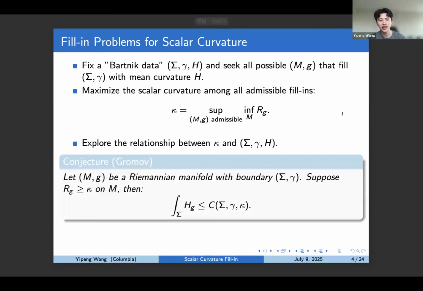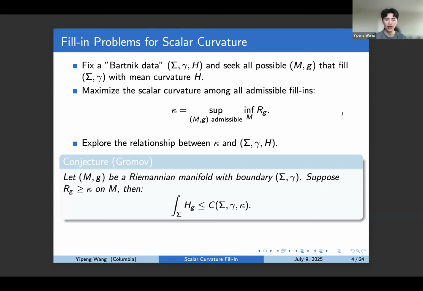Under this context, Gromov poses the following conjecture. This is a very, very, very general conjecture, which is what I'm going to talk about mainly today. It says that if you have a fill-in of a Riemannian manifold with boundary with scalar curvature bounded below by some constant kappa, then what you should expect is that the integral of the mean curvature is always bounded by some constant.